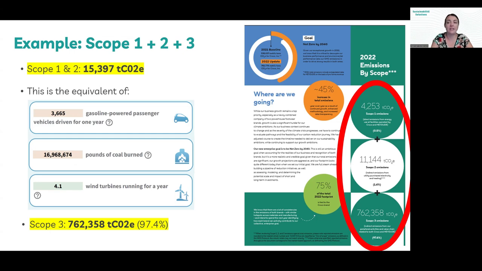It's not uncommon to see scope 3 footprints that are a number of times higher than your scope 1 and 2. I haven't seen a scope 3 footprint that was less than 75% of the total. So your scope 3 is going to be 80-90% of your total footprint.